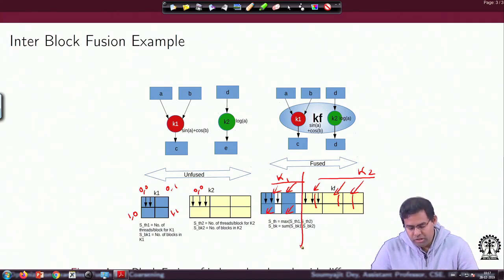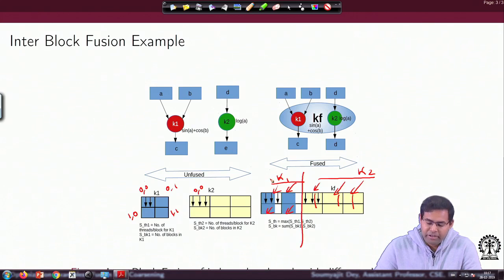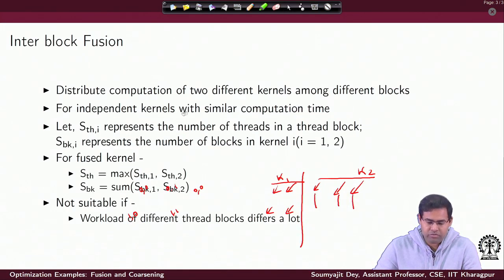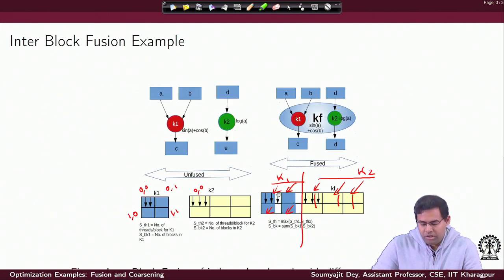But we discussed the point of load imbalance in terms of the computational natures of the kernels, whether K1 is a heavy kernel or K1 is a light kernel and K2 is a heavy kernel. But also observe the other point we mentioned here. First was whether the kernels have similar computation time, that was the load imbalance issue. Also observe that when we are looking into this kernel, the number of threads per block is now the max of K1 and K2.